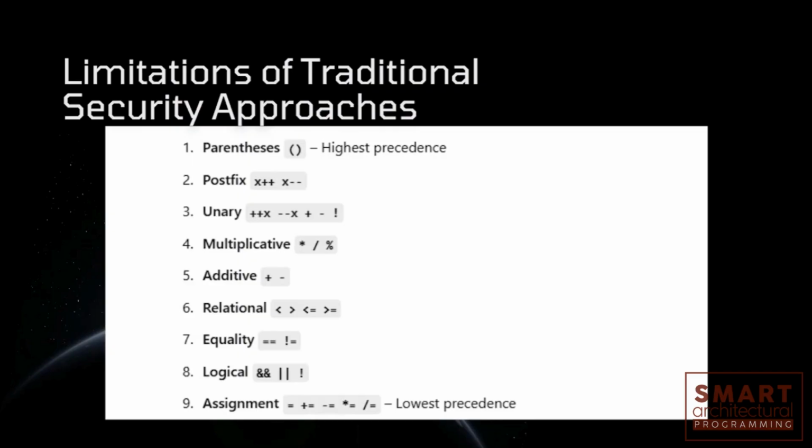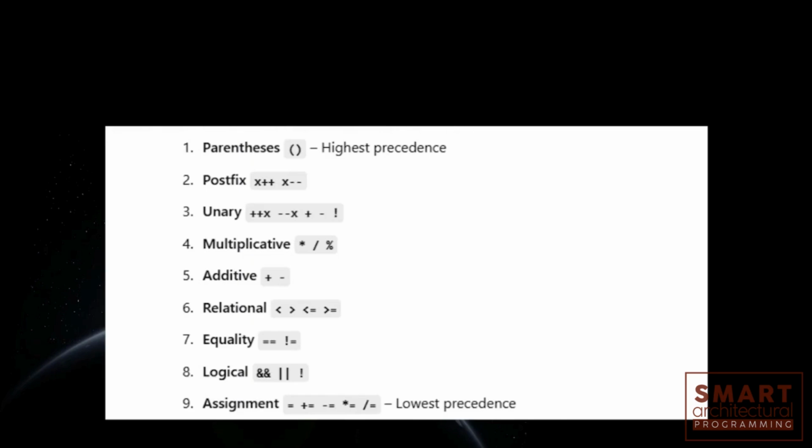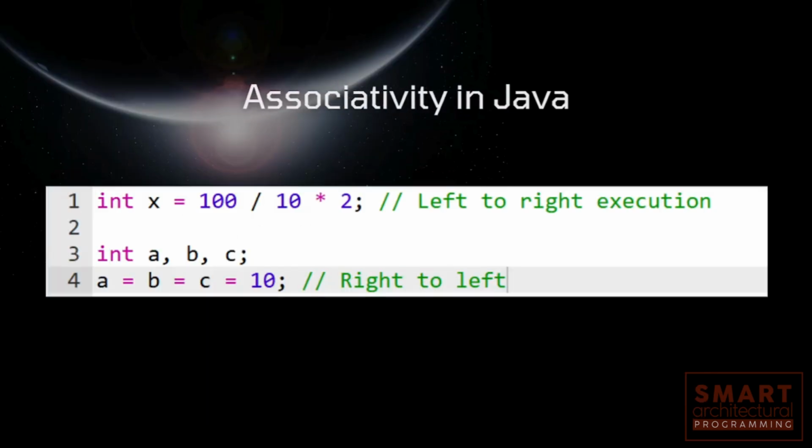These are the Java expression evaluation rules that you need to have an understanding of, because these are foundational building blocks that you'll be using to code in Java. So having a better understanding of these things would help you go a long way in getting a better understanding about Java. I'm not going to go over all of the precedence ladder. You can pause the screen, take a screenshot, and keep it on hand.